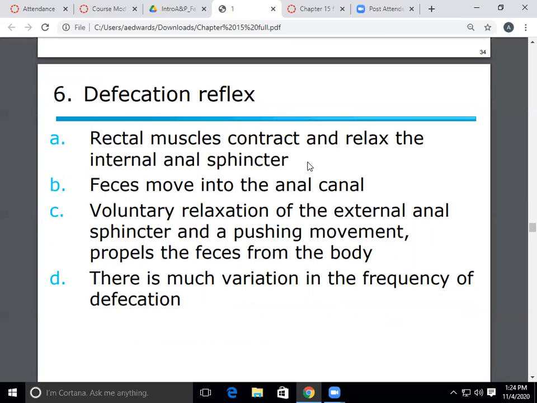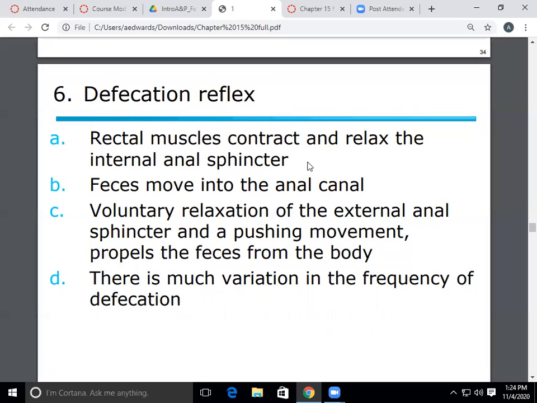Okay, so there's actually something known as a defecation reflex. So when this happens, the rectal muscles will contract and they'll relax that internal anal sphincter. So feces is then going to move into the anal canal. You get voluntary relaxation of that external anal sphincter.